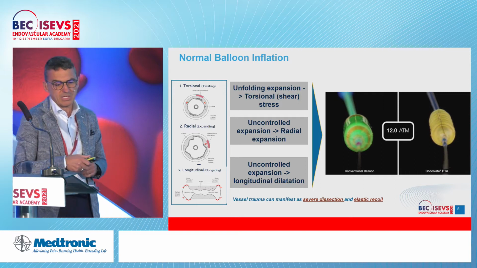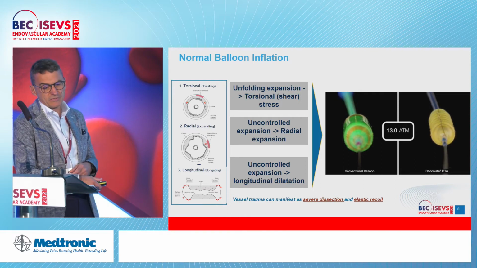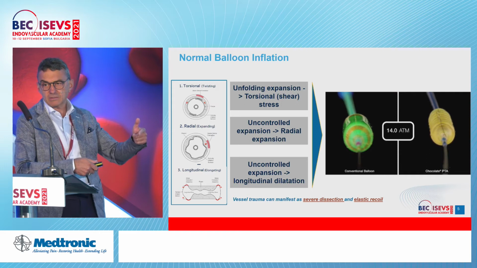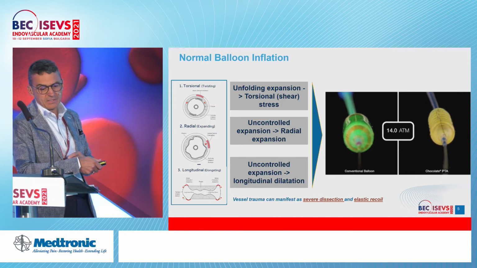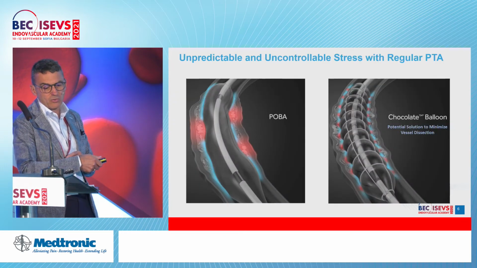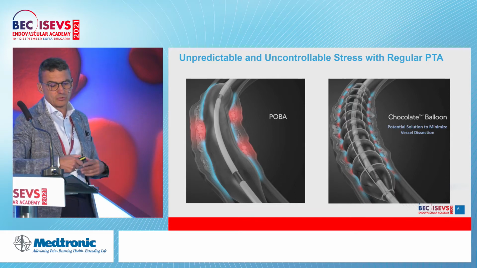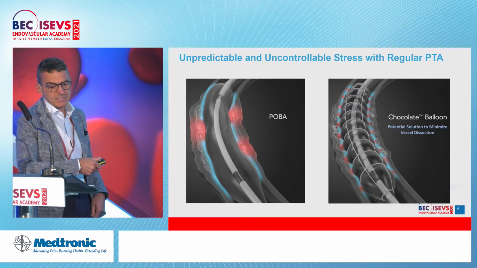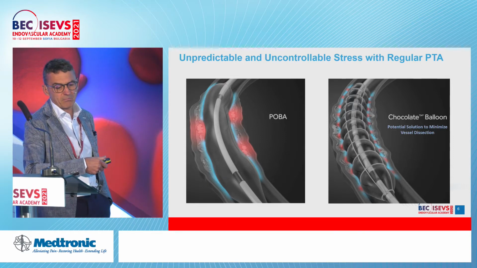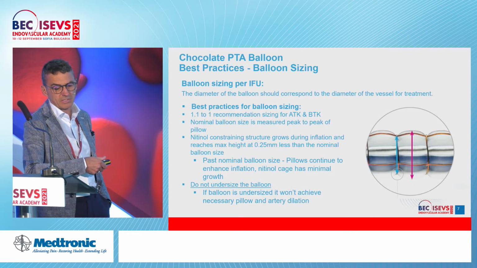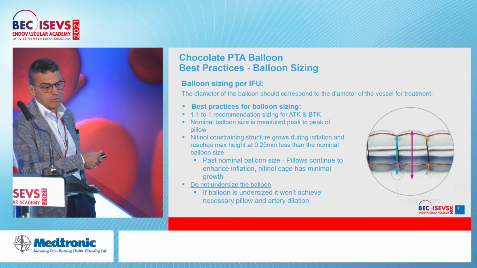Because the structure of the balloon is multi-segmental, it contains the pressure over the vessel wall not only radially but also longitudinally. This is how we get a much better distribution of the tension of the balloon over the vessel wall.